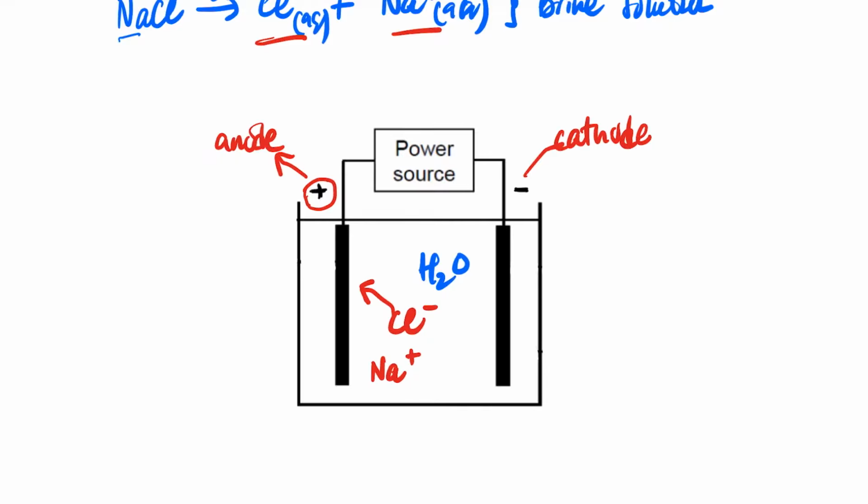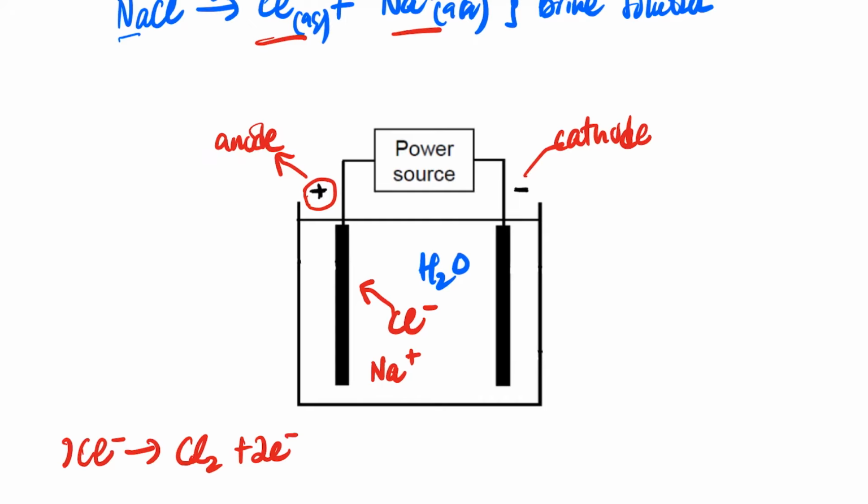Remember, the anion is attracted to the anode, right? So when this chloride ion is attracted there, it's going to oxidize there. It oxidizes to Cl2, and it gives you 2 electrons, right?